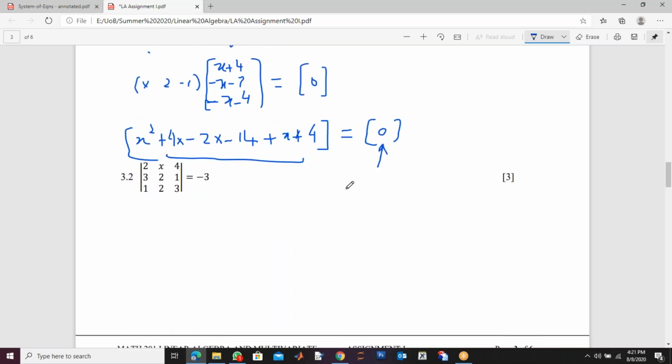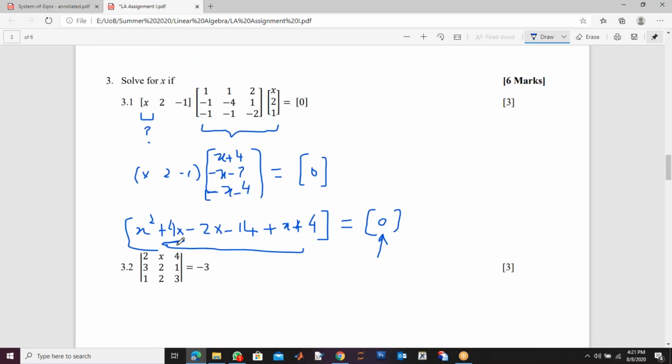So x square plus 4x minus 2x plus x, this will become 4 minus 2 plus 1, which is 3. So you got x square plus 3x, and minus 14 plus 4 is minus 10. This is what you got on the left, and on the right hand side you have 0.